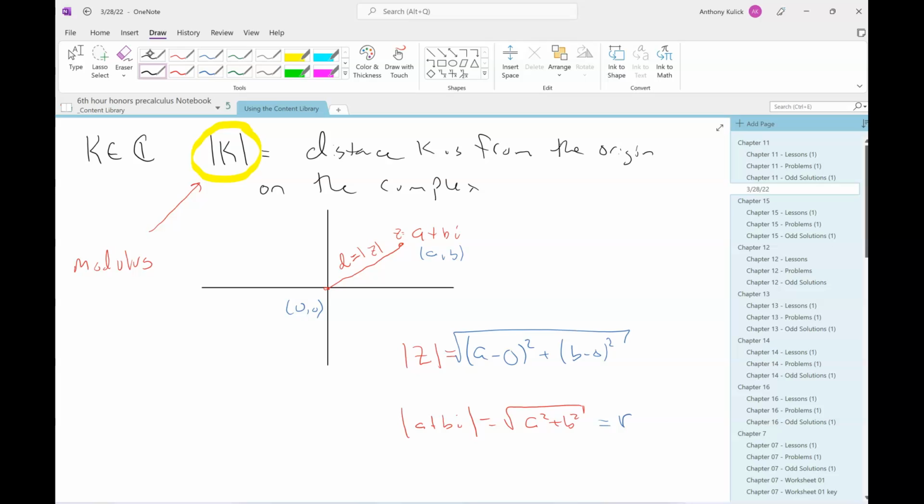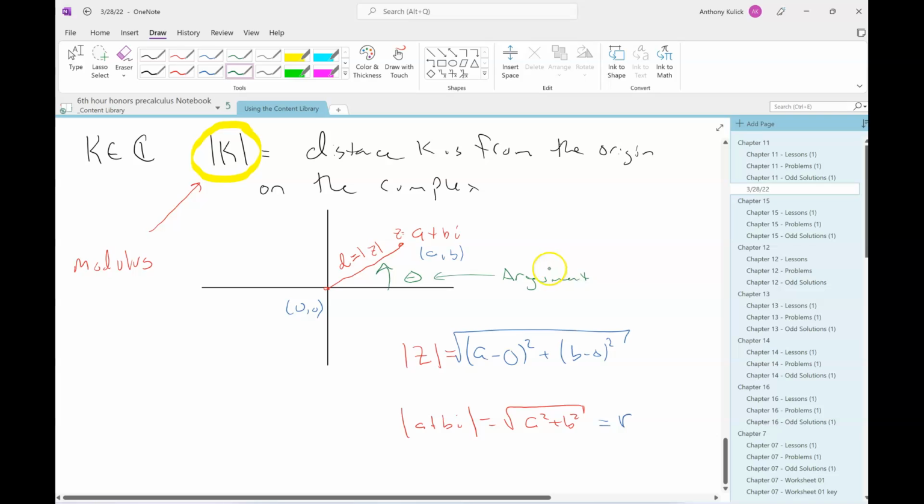Okay, everybody feel okay about the absolute value of a complex number, what we're doing? So we might also describe this angle that the complex number forms. This value we call the argument. Well, sometimes anyways. And what does that value have to be related to?